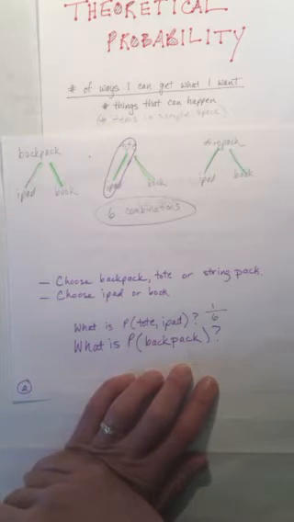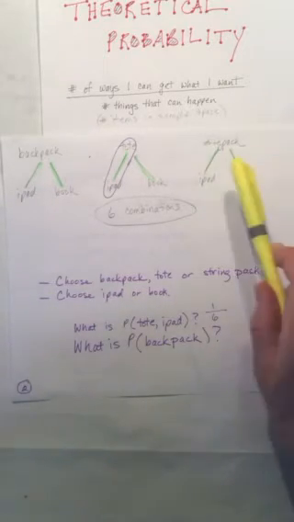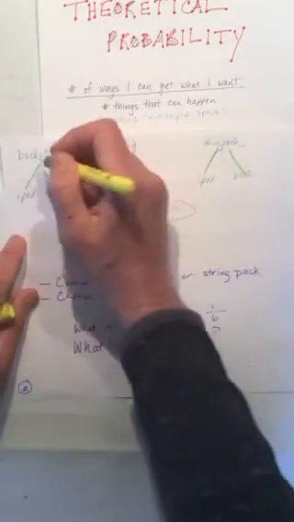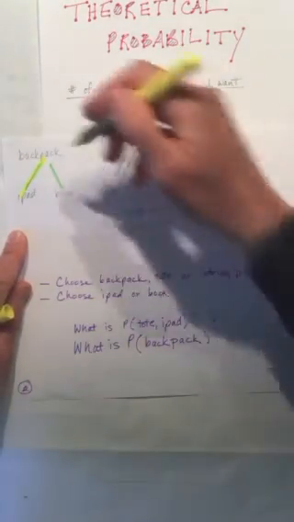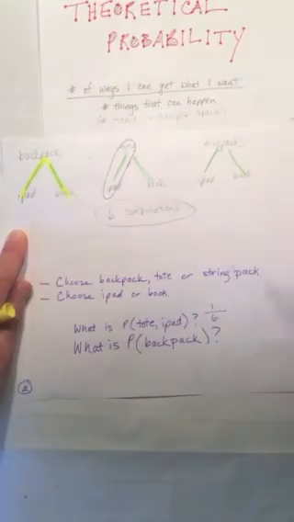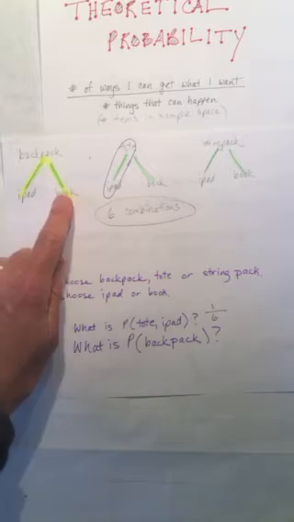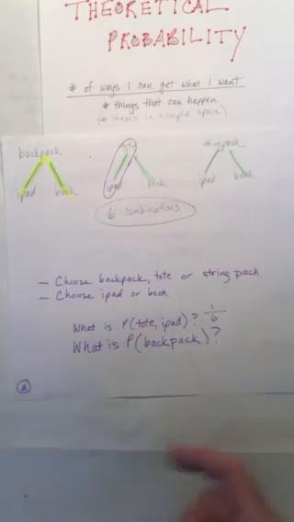What's the probability that you get the backpack? Well, let's take a look. Obviously no backpacks here or here, but this combination has a backpack, and this combination has a backpack. So there were 2 ways we could get that backpack.